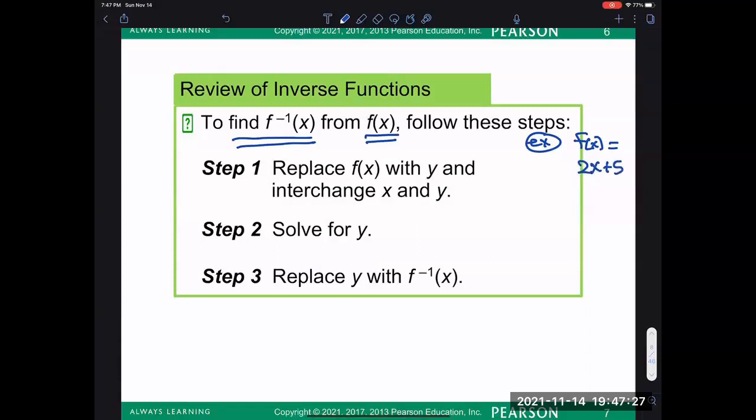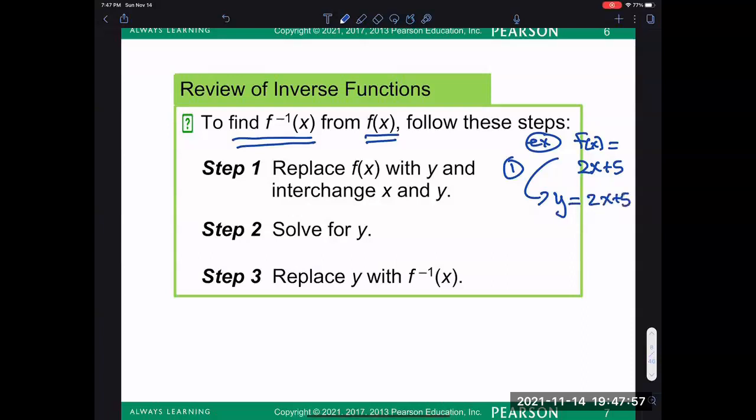So you may recall this is a linear function, so we could think about it graphically. We could imagine that it passes the horizontal and vertical line tests, that it does have an inverse. But this process is focusing just on formulas. So in step 1 of this process, if we wanted to find f inverse of 2x plus 5, what we would do is replace f of x with y. So instead of f of x, we would write y.